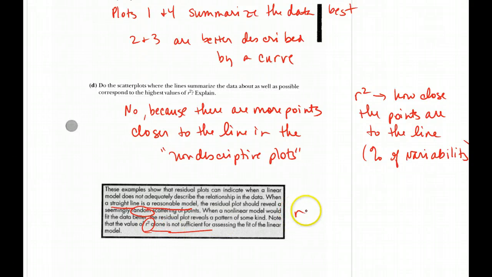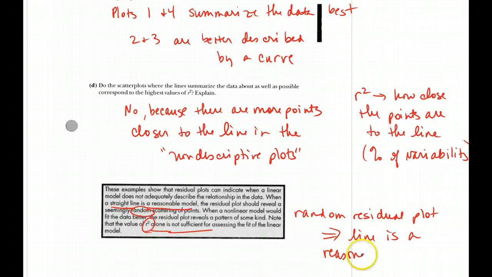Okay? So what we're taking away from this is a random residual plot means that the line is a reasonable model. Okay, and that is it. That is it for topic 11, and we are done with unit 3.